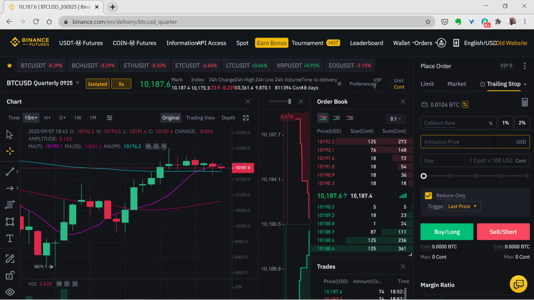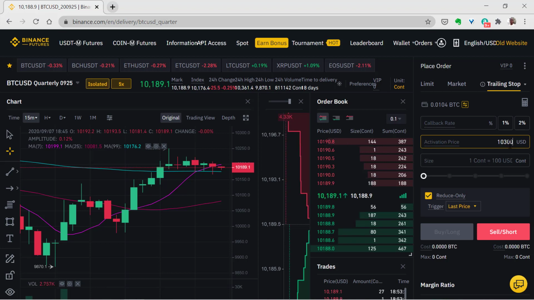So at this activation price, let's say we're going on a long position at this price. We'll buy a contract and we'll go long, and we're predicting that the price of Bitcoin is going to go up on this contract up to 10,500. So we could set our activation price for 10,300.